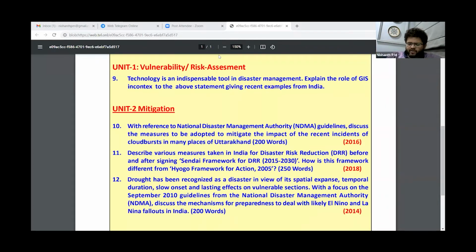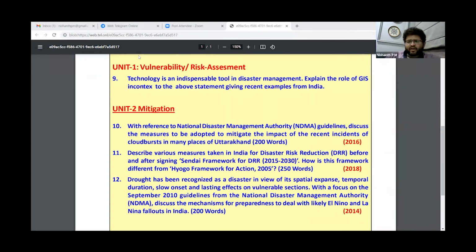All this was going on unchecked in these places, and when the cloudburst happened, it became a very big issue.